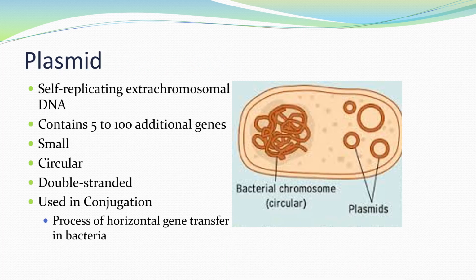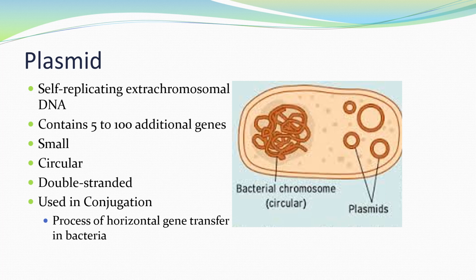For the most part, prokaryotic cells are going to use this process of binary fission to create new cells exclusively. But there are ways for prokaryotic cells to share genetic information with each other, from cell to cell, and how they do that is using these structures called plasmids. Plasmids are going to be self-replicating extrachromosomal DNA.